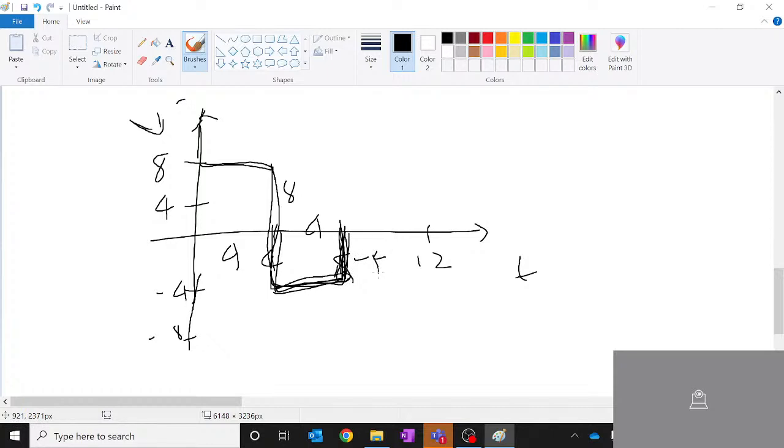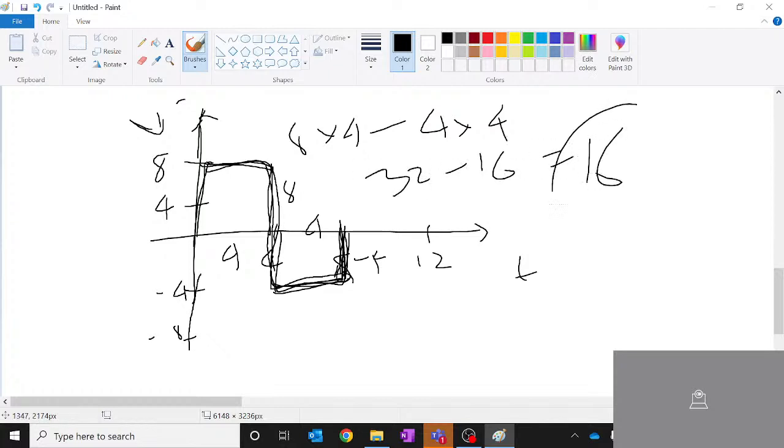So this rectangle is 8 into 4, whereas this square is negative, so minus 4 into 4. So this is 32 minus 16, therefore 16. So your displacement is 16.